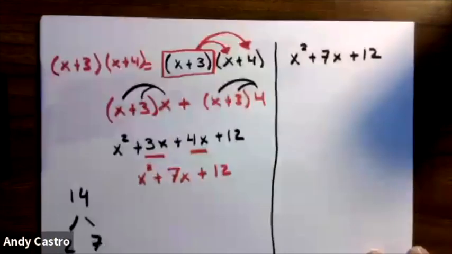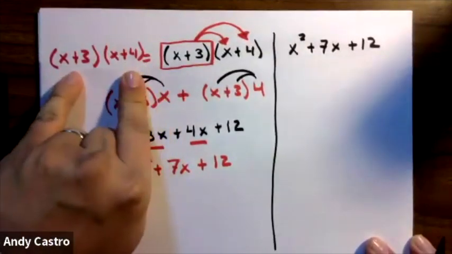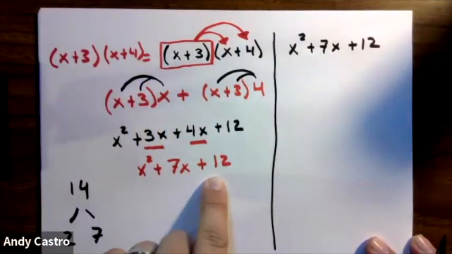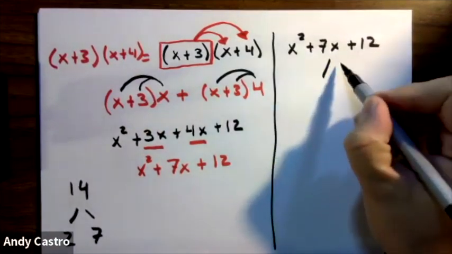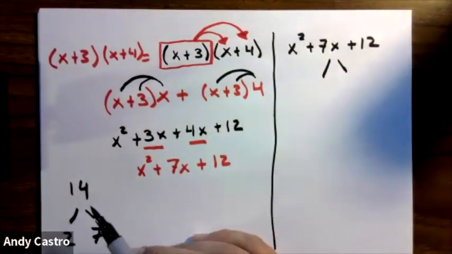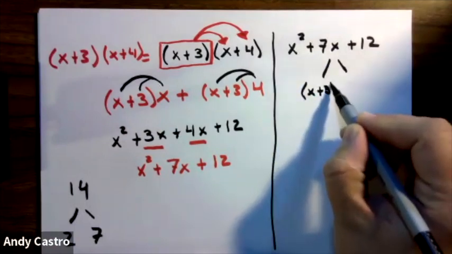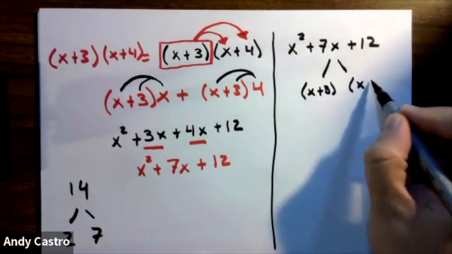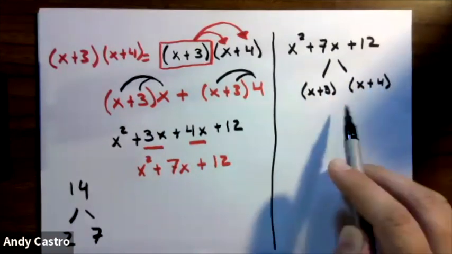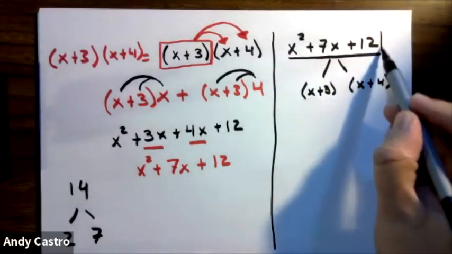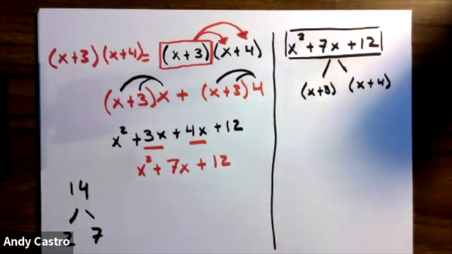So in much the same way, when I multiply these two together, I get x squared plus 7x plus 12. So if I were to factor this, just like I do my 14 here, this would break into x plus 3 times x plus 4. And if I multiply those two together, I get that expression, x squared plus 7x plus 12.